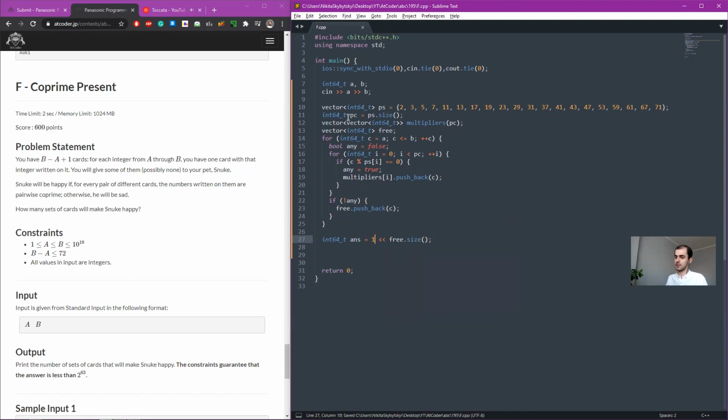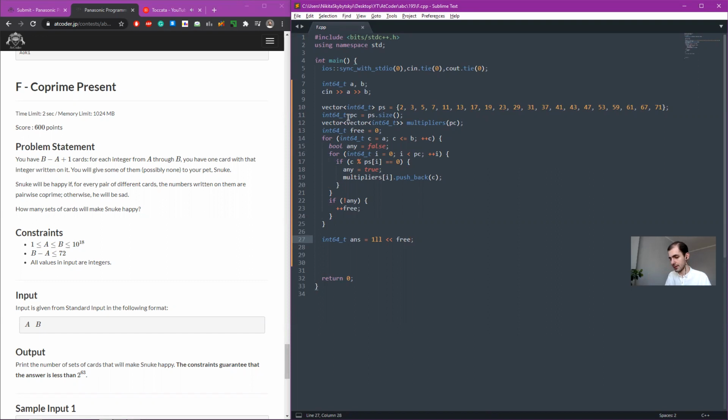I better do it like this. I'm gonna just multiply the result by this, right? Because I can take any subset of them and it does not impose any conditions.